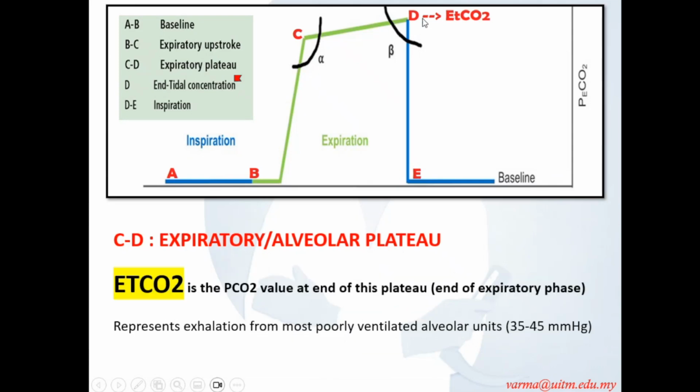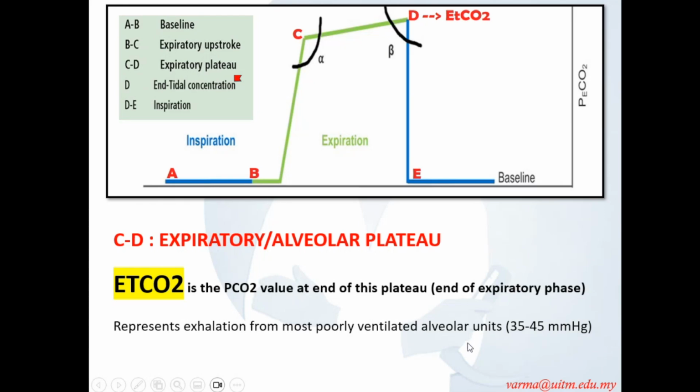So the end of phase C and D is your EtCO2. The end of expiration is end tidal. This is your tidal volume respiration, your end tidal CO2. So end tidal CO2 is the PCO2 value at the end of this plateau, at the end of expiratory phase. It represents exhalation from the most poorly ventilated alveolar unit, which is the low VQ areas.